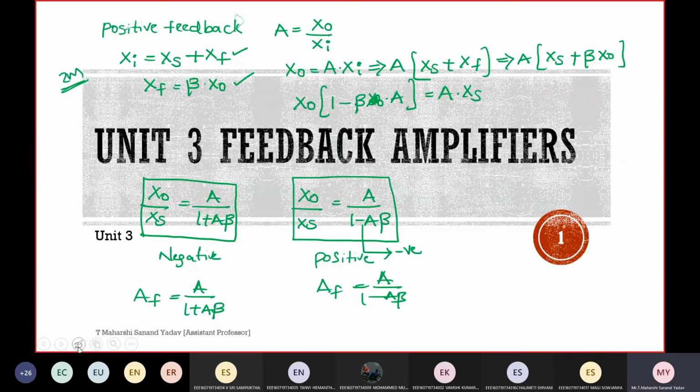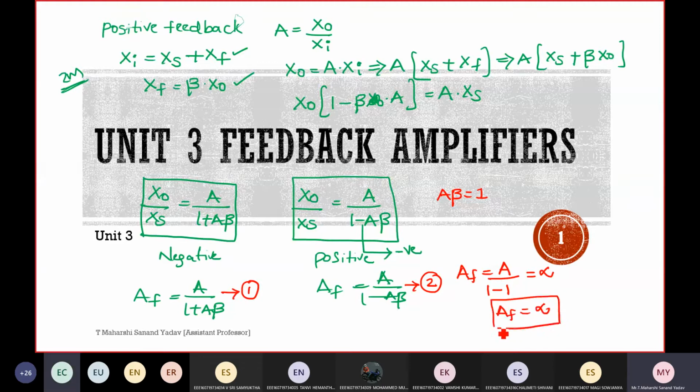Now if I take A beta equal to 1 and substitute in the positive feedback formula, I get A by 1 minus 1, which is infinity. So I'm getting AF equal to infinite.